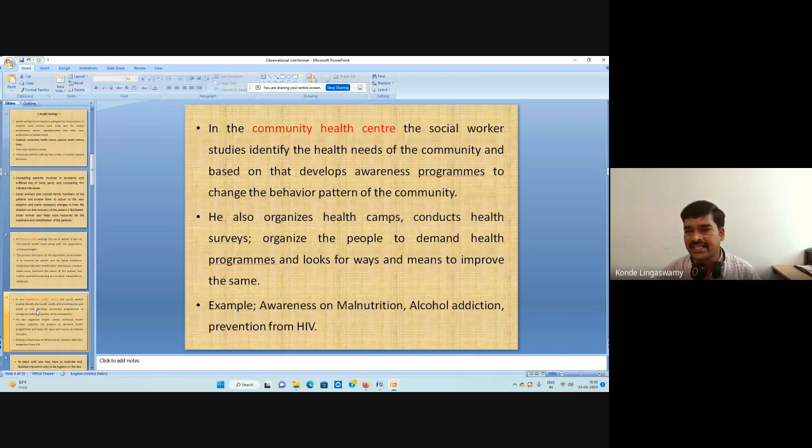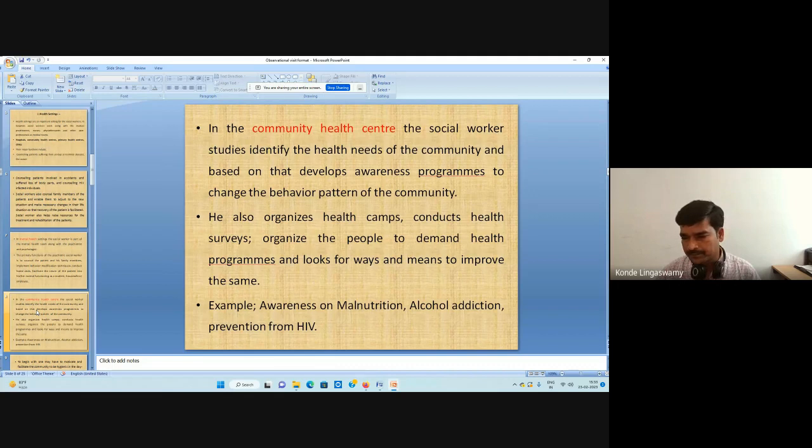In the community health center, the social worker studies and identifies the health needs of the community, and based on that develops awareness programs to change the behavior pattern of the community.